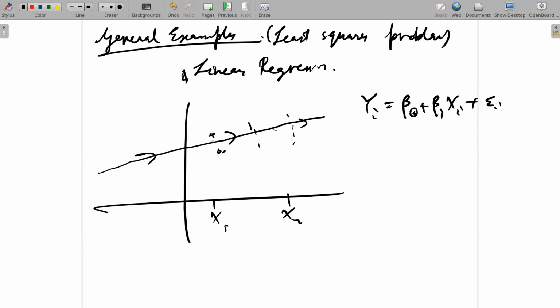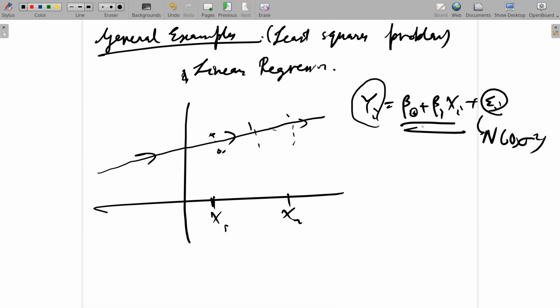You have a line, but what you're observing is not really a function, rather you're observing from a distribution. So epsilon i is something like normal 0 with constant variance sigma squared. The real value is this, supposedly, for this function, but what you're observing is a perturbation of the real value. What you want to do is, based on your observed values, find the best fitted line to the data.